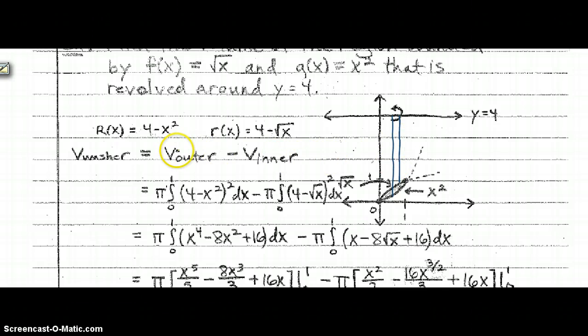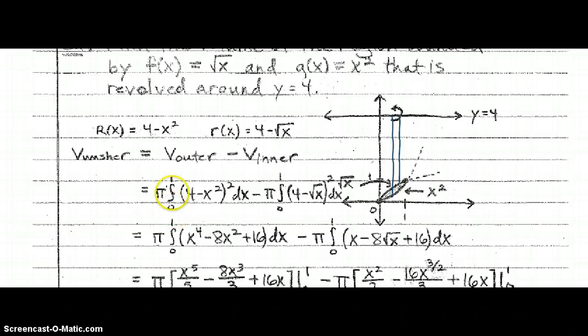That's where the 4 minus x squared comes from. Similarly, my inner function is 4 minus the square root of x, because if I go from 4 back to the x-axis, that's obviously 4, and if I subtract off the square root of x, it gives me this resulting radius.